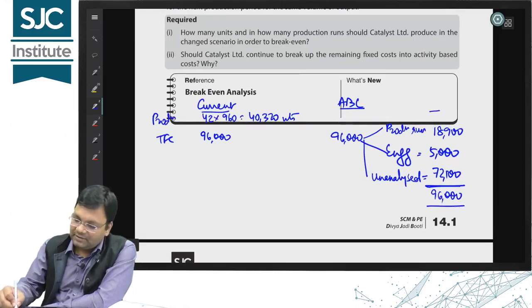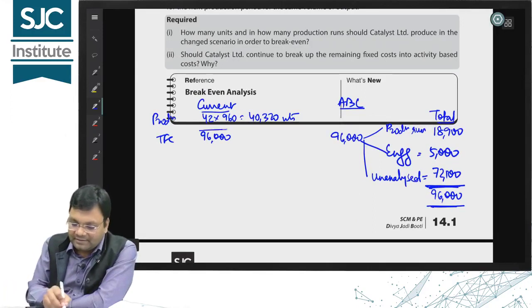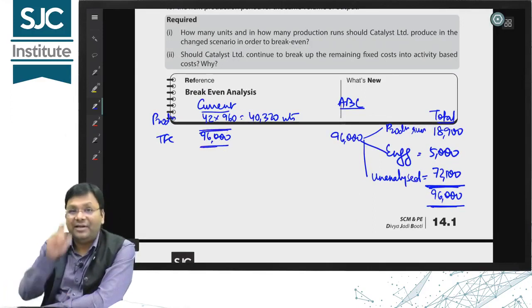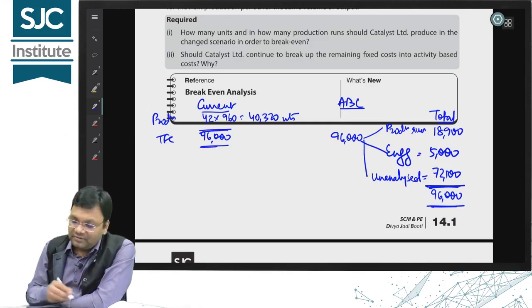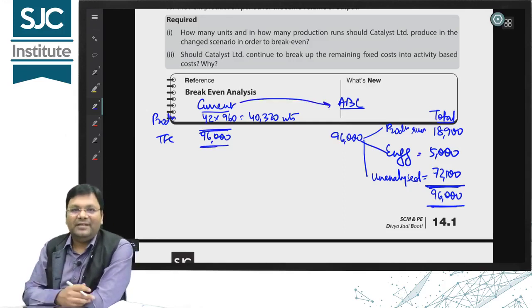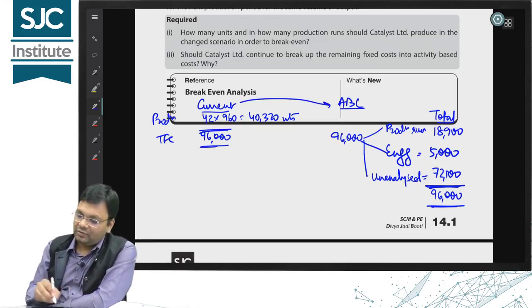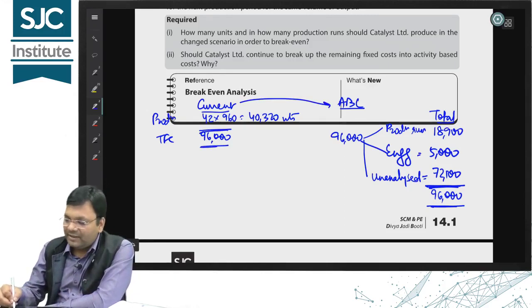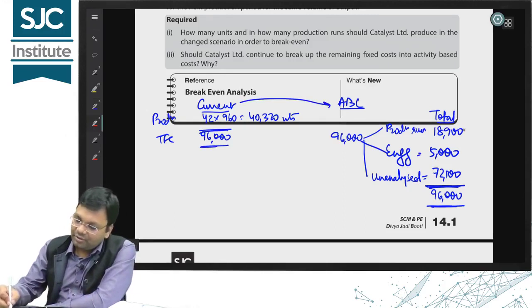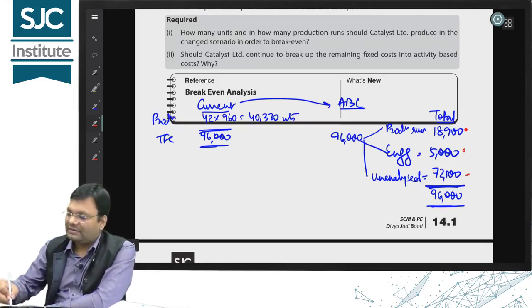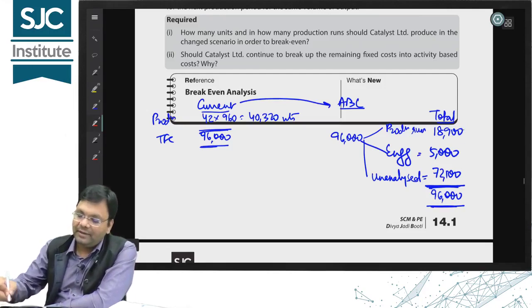So total is the same. Just the concept that I shared with you: if you are switching to ABC, how can you have savings immediately? You cannot. Total remains the same, just the breakup will be there. Since you have the breakup, you can now think of reducing these two costs. The unanalyzed cost can't get reduced, but these two can be reduced.